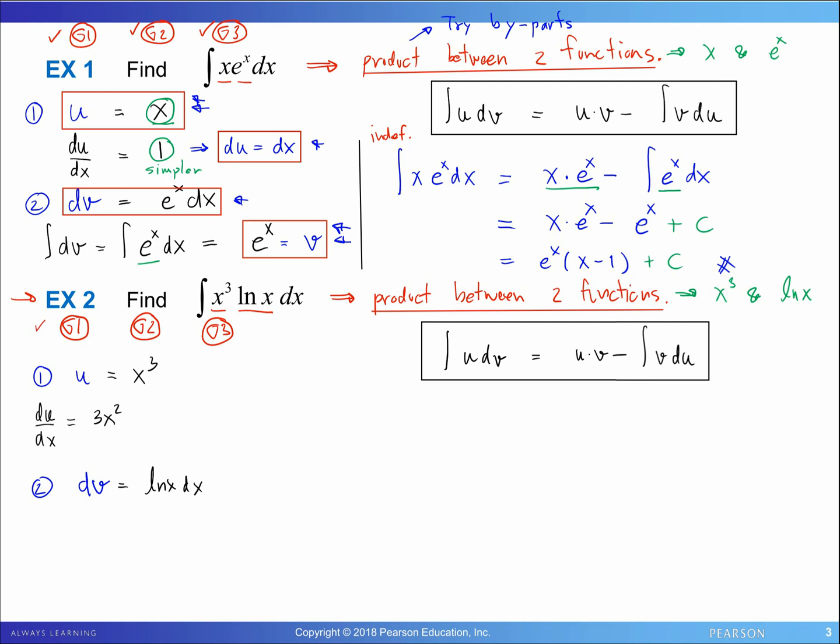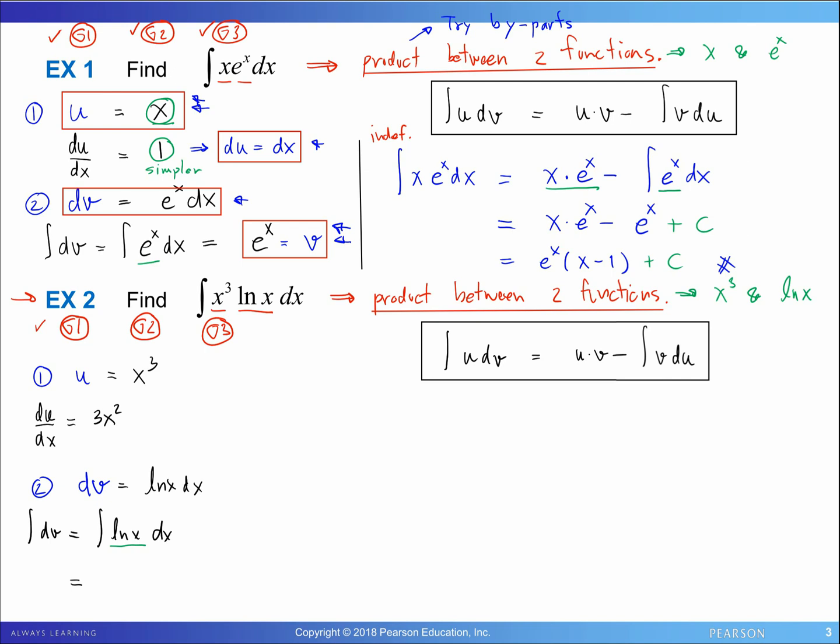Now we check the second guideline, G2. Let's try to integrate dv. Integrate dv equal to integral of ln x dx. And now we need to find the antiderivative of ln x. It's going to be equal to, well, what is it equal to? So far we know that if we differentiate ln x, we get 1 over x.